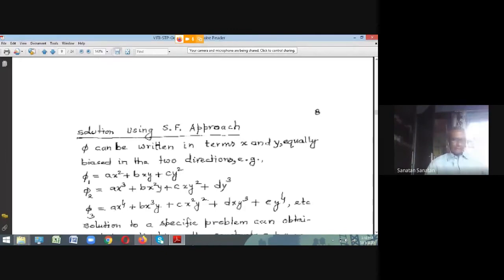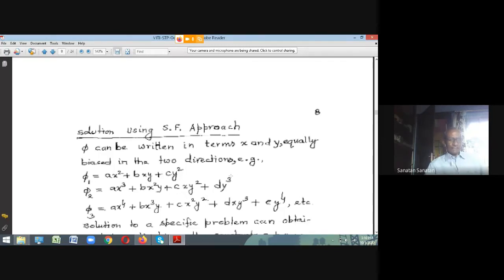But the fact remains, when you try to see this expression of phi, the stress in the y direction is delta 2 phi 1 by delta x square. If you take that, it is just 2a.